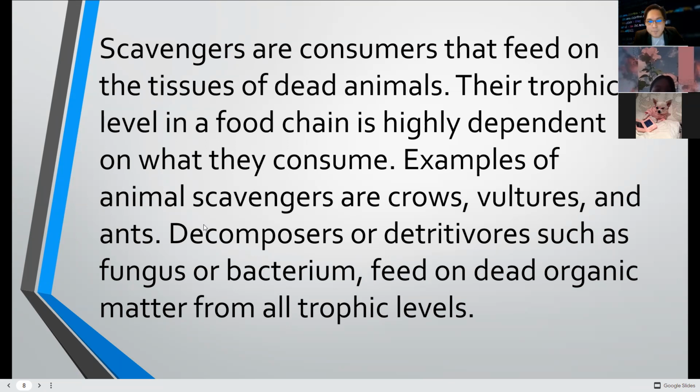They give nutrients to the decomposers. Correct. It is a cycle. When they die, they give nutrients to the decomposers, the detritivores, and the cycle repeats again and again. As simple as that. They are connected.